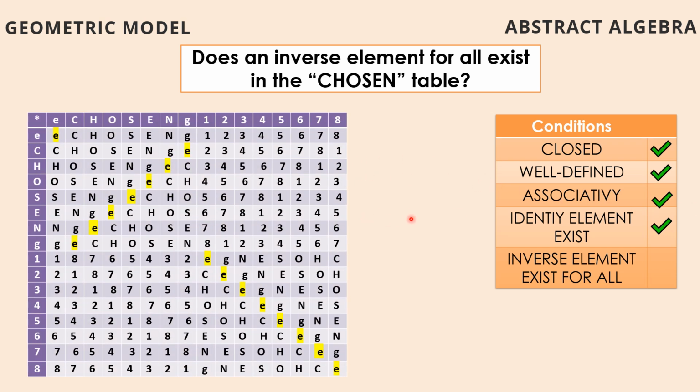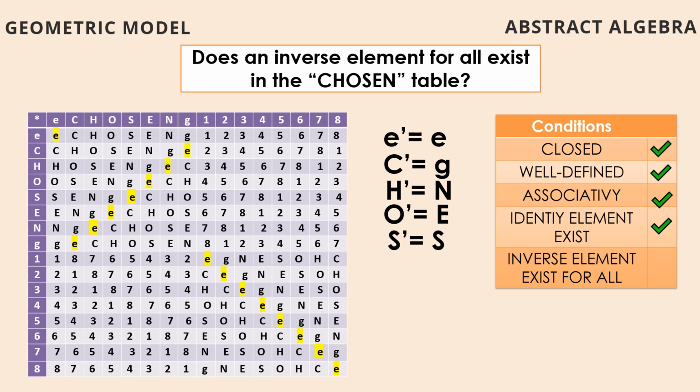To get the inverse of every element, let's use the identity element E. Since E star E is equal to E, the inverse of E is E. Since C star G is equal to E, the inverse of C is G. Since H star N is equal to E, the inverse of H is N. O star E is equal to E, the inverse of O is E. S star S is equal to E, then the inverse of S is S.